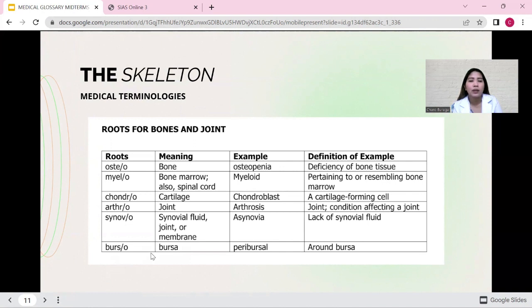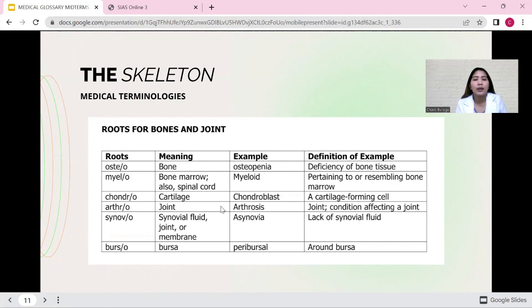Roots for bones and joints. The osteo meaning bone. Osteopenia, deficiency of bone tissue. Myelo, bone marrow, also called the spinal cord. Myeloid, pertaining to or resembling bone marrow. The chondro, ibig sabihin cartilage, chondroblast, example, cartilage forming cell.